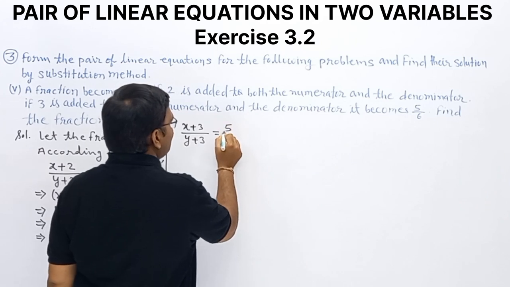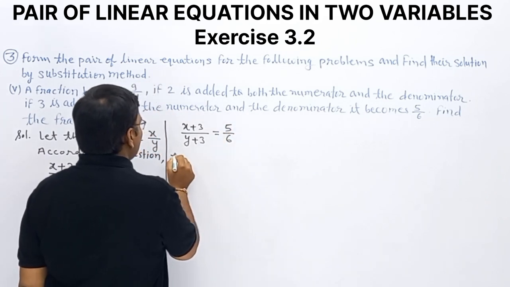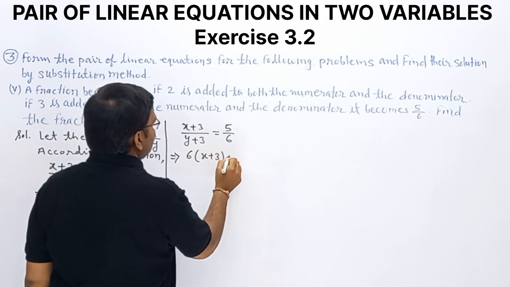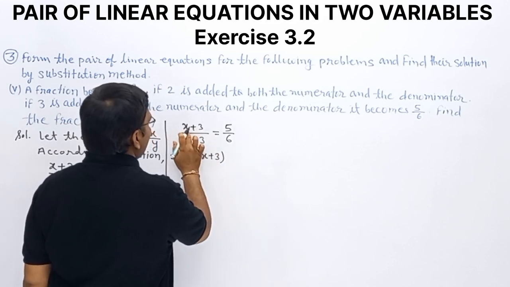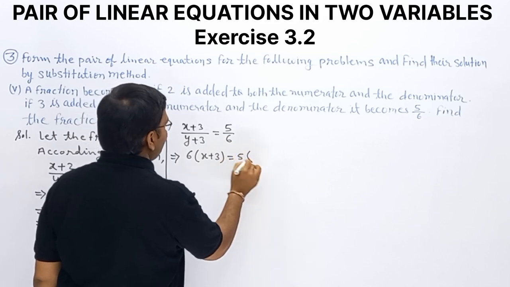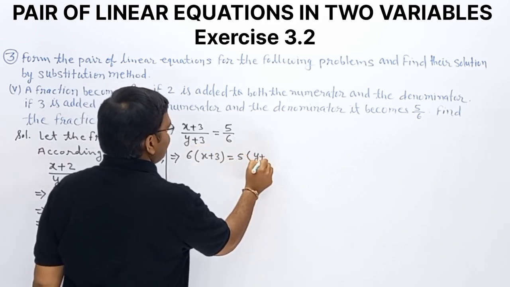It will be equal to 5 by 6. Do the cross multiplication: 6 multiplied by (x plus 3) equals 5 multiplied by (y plus 3).